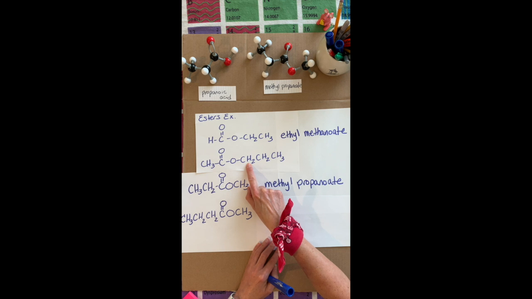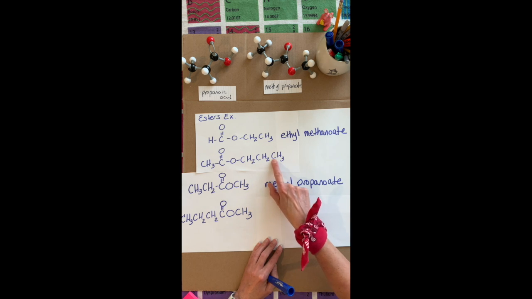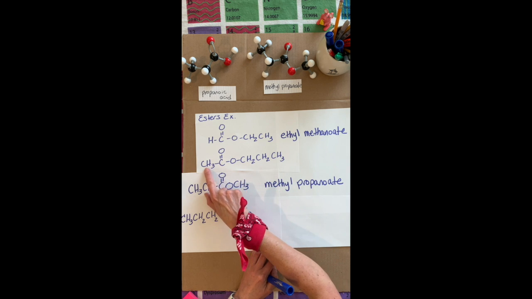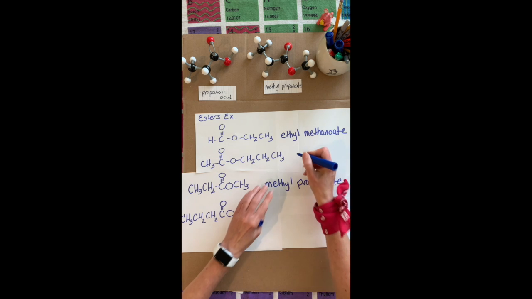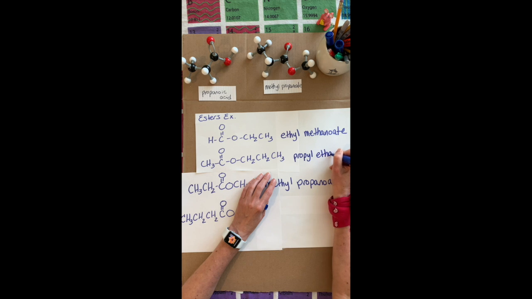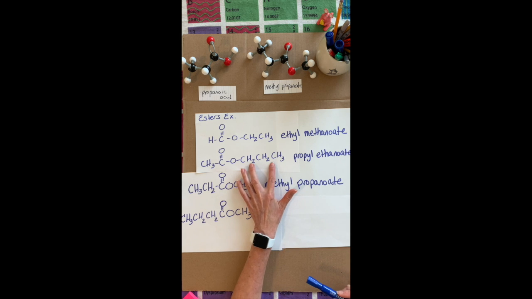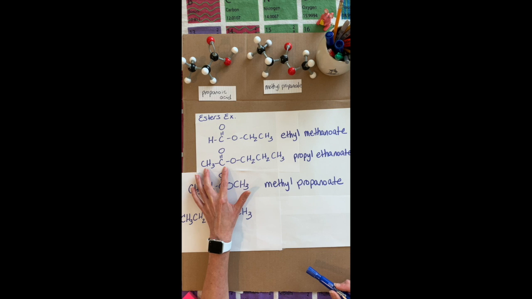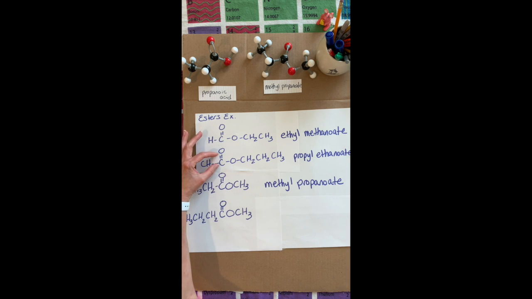It's not ethyl, it is propyl ethanoate. Propyl, 3 carbons. Ethanoate, 2 carbons. So the name is the one that's connected to that carbonyl group.